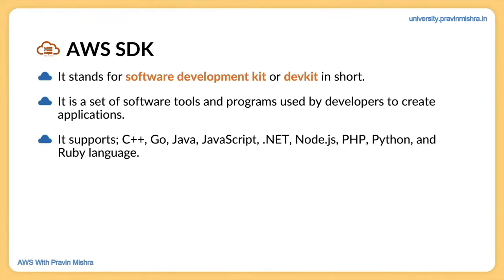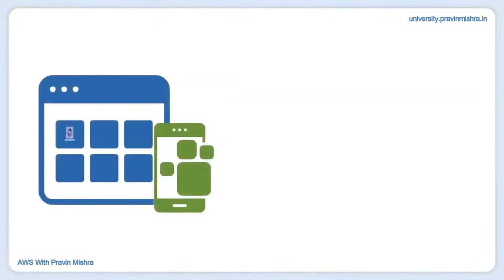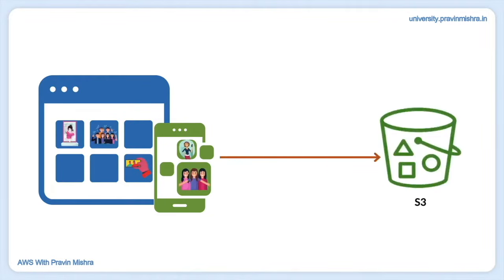Now let's understand this with an example. Assume you are developing a mobile application that will allow users to share their photos. For that, you will be using Amazon S3 as storage. We will talk about S3 in detail in another section. But in this case, your application needs to interact with the Amazon S3 service to store the images, as this is a storage service.